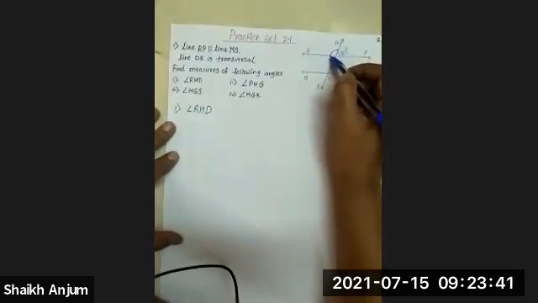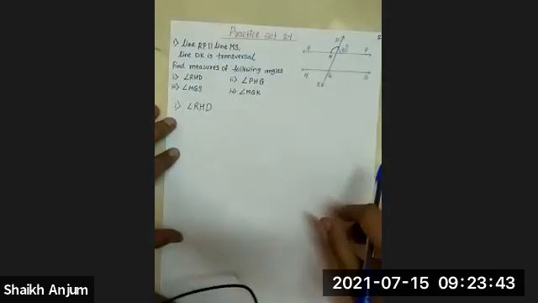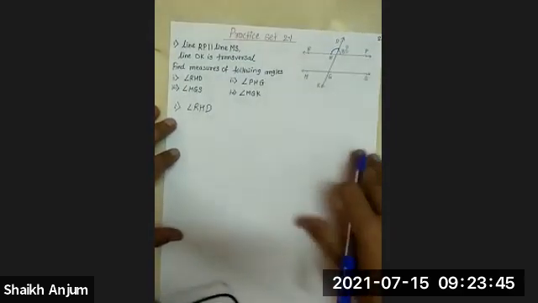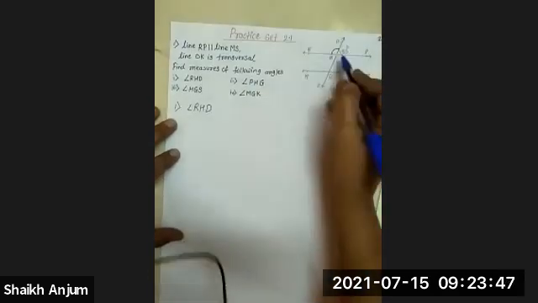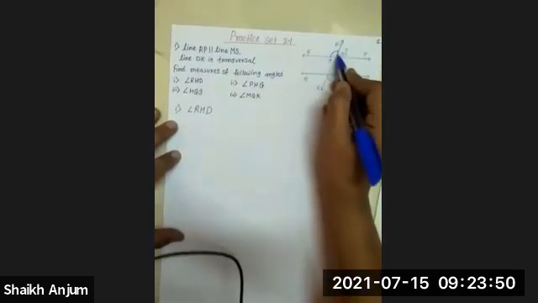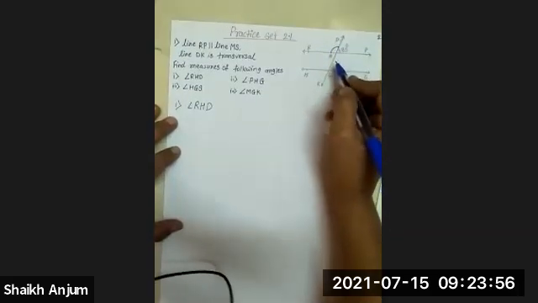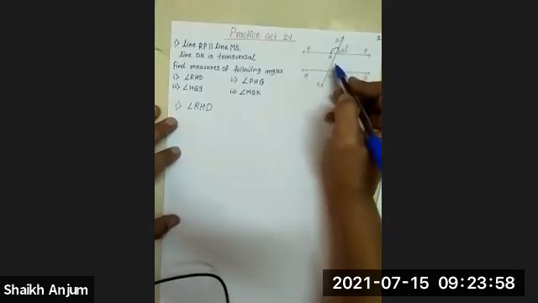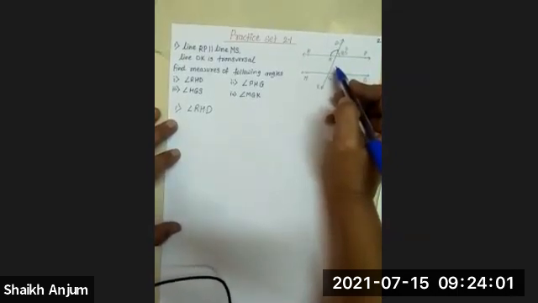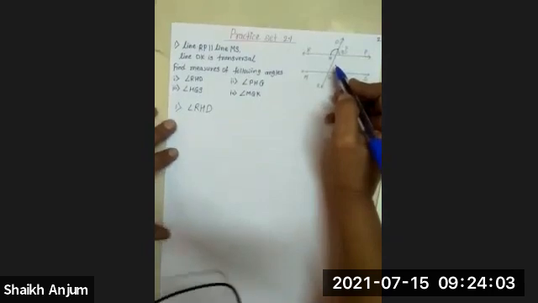This one we have to find. Now here simply we can say that these are angles in linear pair, and the property is that angles in linear pair are supplementary.